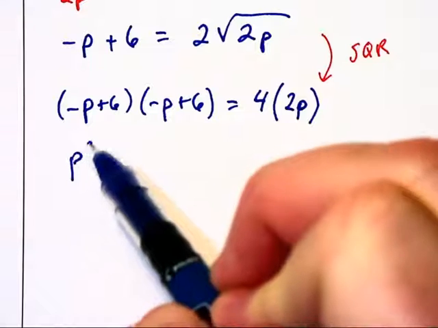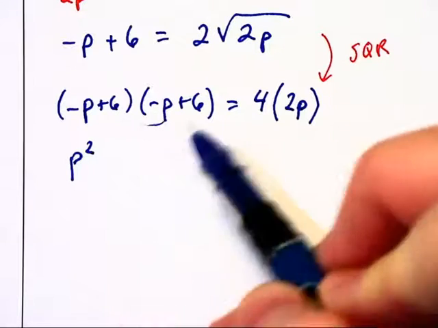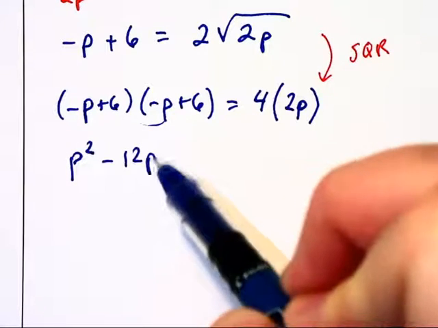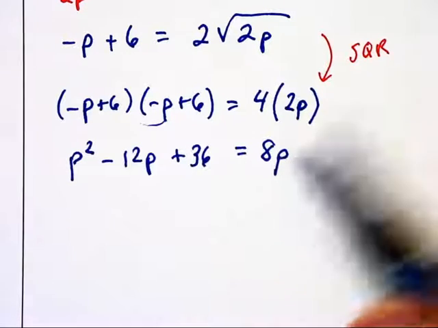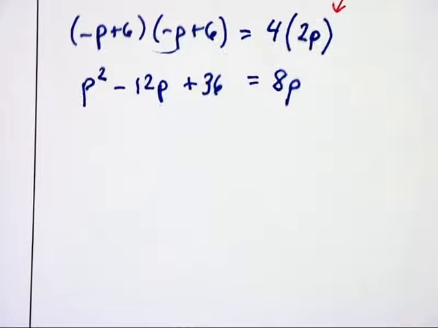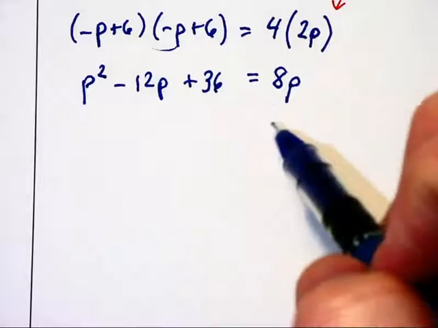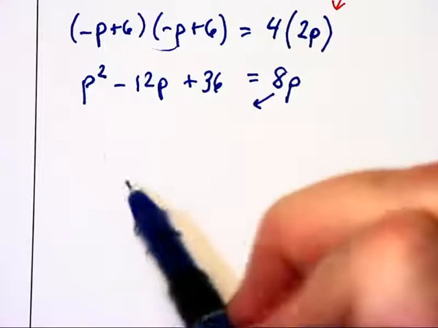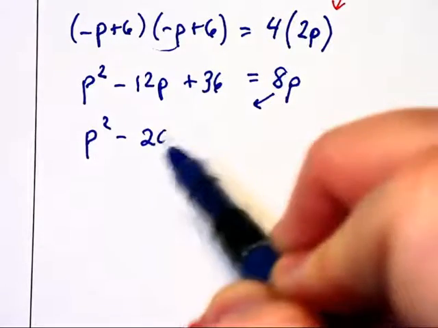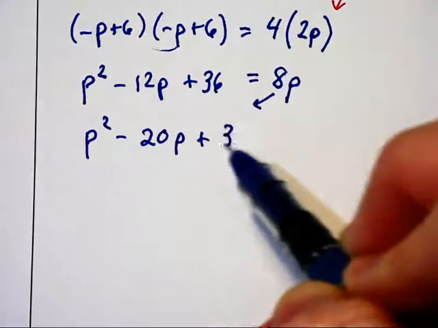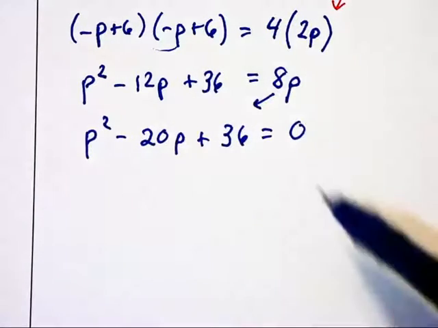We're going to have p squared minus 6p and minus 6p making minus 12p plus 36 is equal to 8p. Since this is a quadratic equation, we're going to need to set it equal to 0 and subtract that 8p off of each side, and that will give us p squared minus 20p plus 36 is equal to 0.